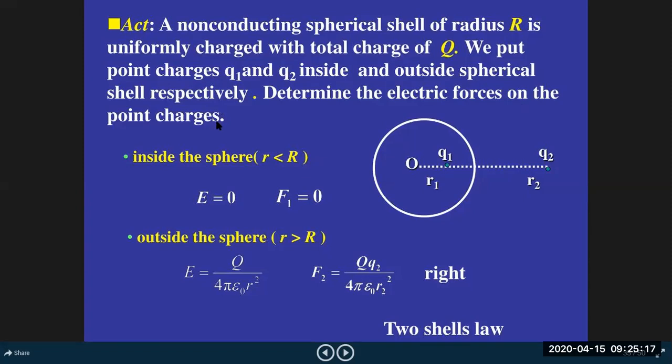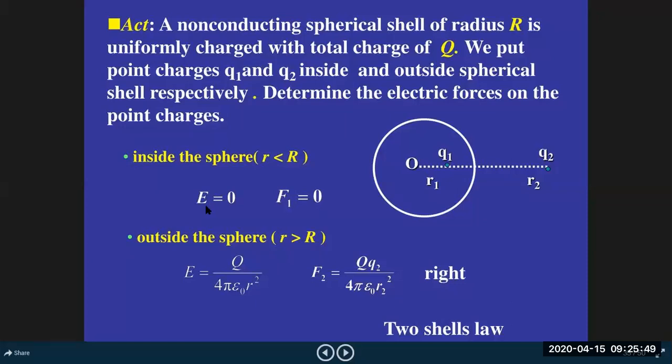In order to determine force, first of all, we determine the electric field outside and inside, wherever it is demanded. Here, inside the sphere, we first have to find the electric field where charge Q1 is placed, at a distance of R1 from the center of the sphere.